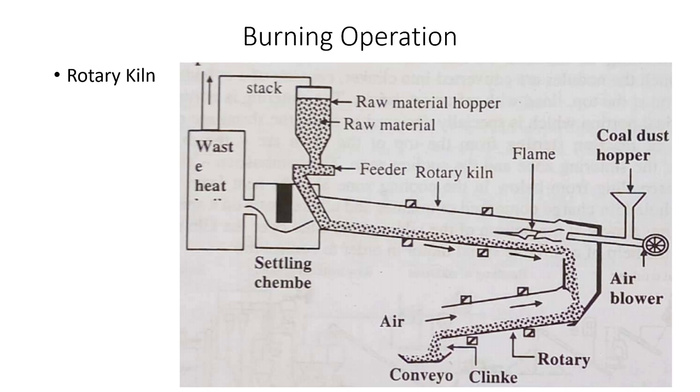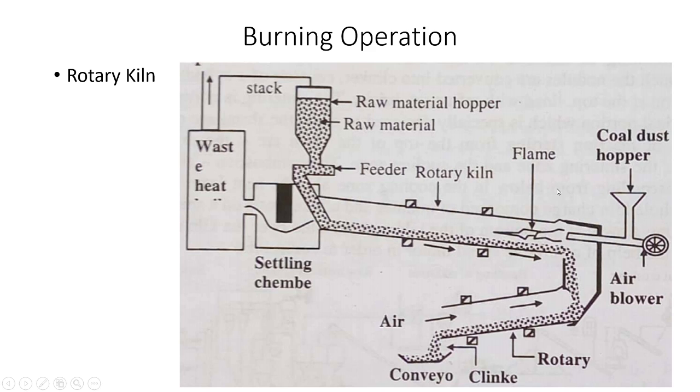Due to the inclined position, the charge slowly travels downward toward the hot end of the cylinder. The kiln is heated usually by a blast of powdered coal and air. You can see here the coal dust is supplied, and this is the flame.